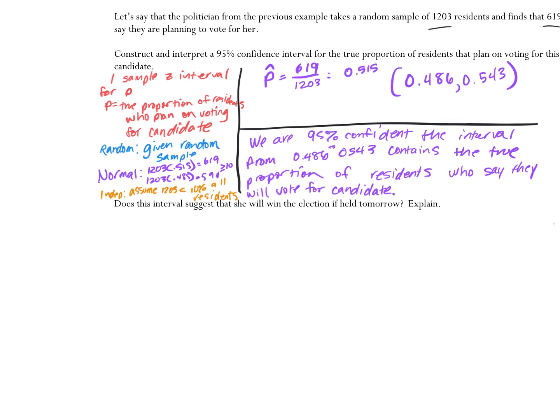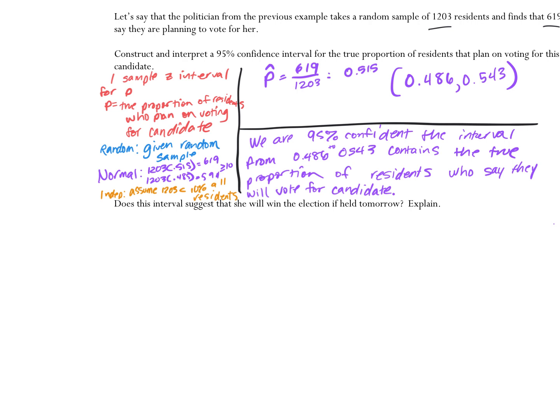Both parts of the interval would have to be above 50%. So this interval represents all the possible results of what percent are going to vote for them with 95% confidence. As we look at that, because part of the interval is below 50%, I can't say the candidate's going to win.